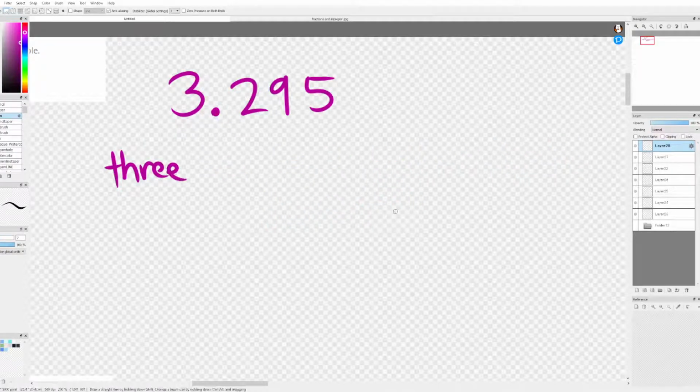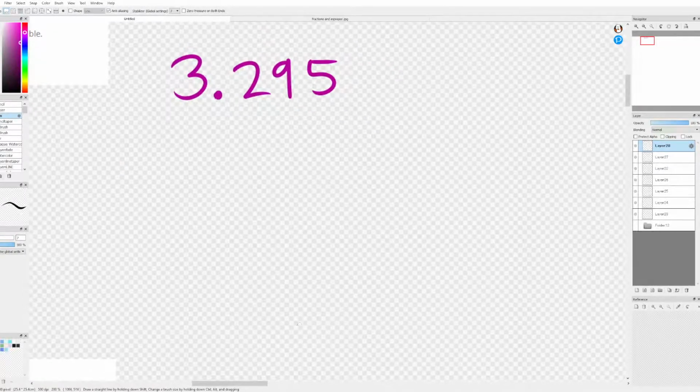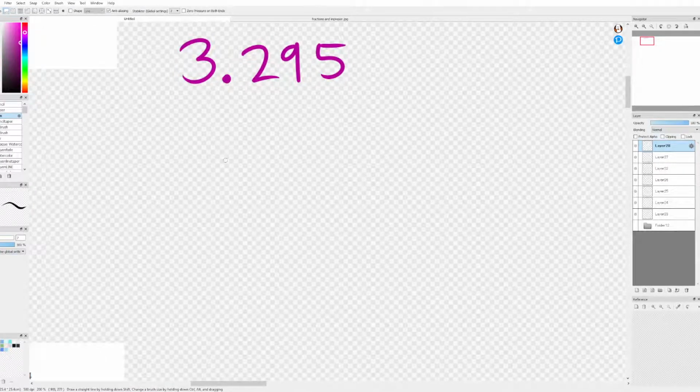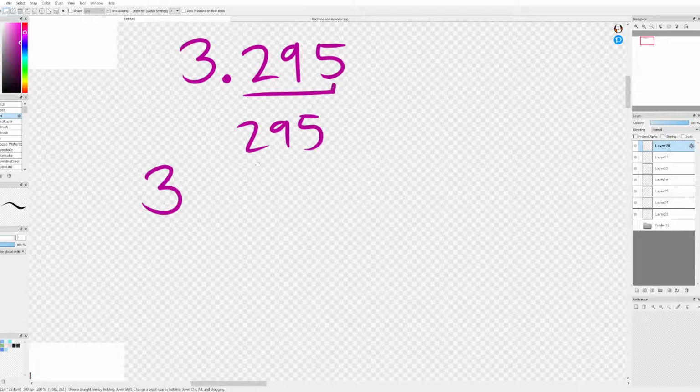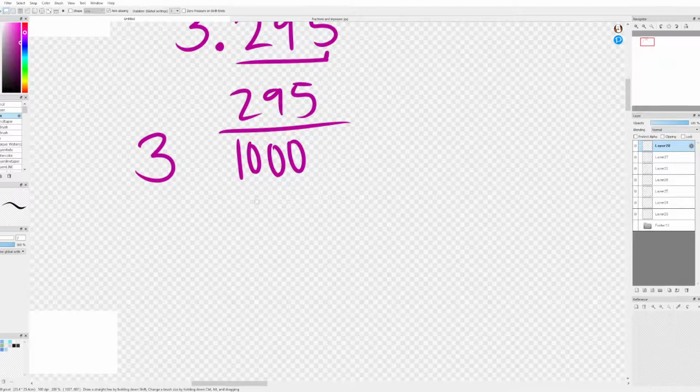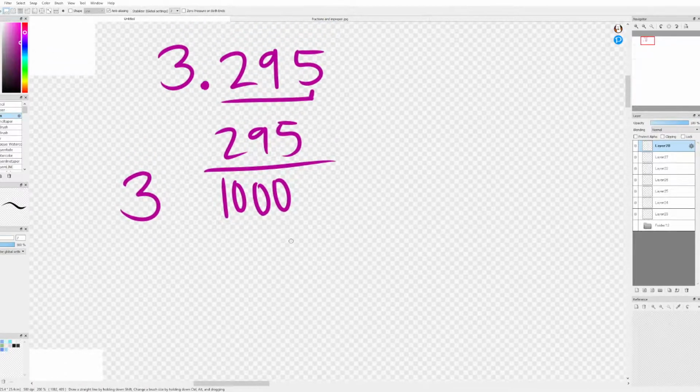The second thing is that if your decimal ends, it's really easy to turn back into a fraction. You can just do 3 and then 295. Look at the place that it's in. It's in the thousandths place, so we'll have 1,000 on the bottom as the denominator, which can be simplified further. 295 divided by 5 equals 59, and then 1,000 divided by 5 is equal to 200.